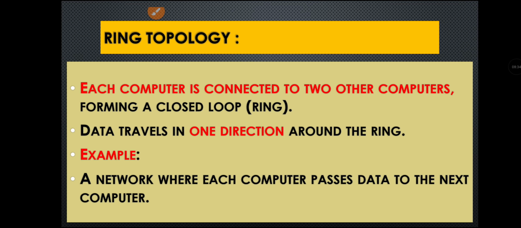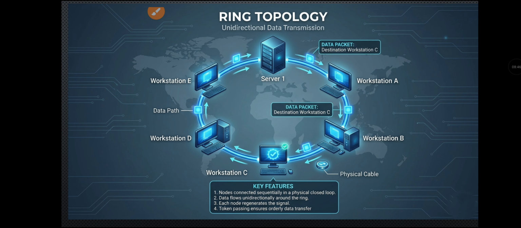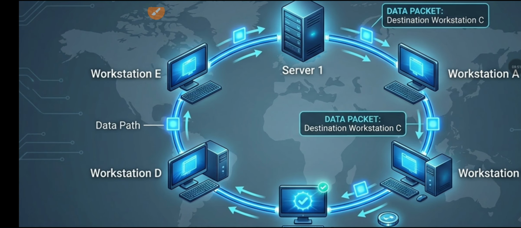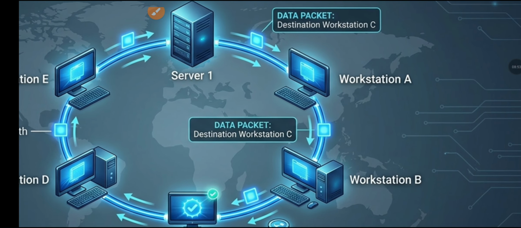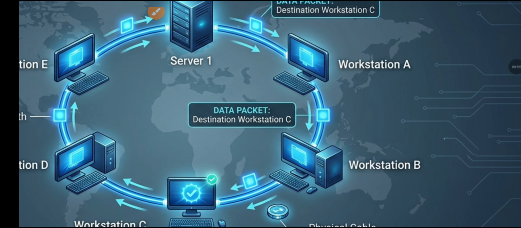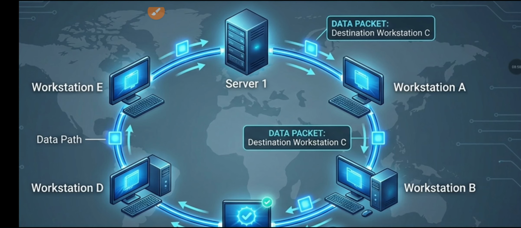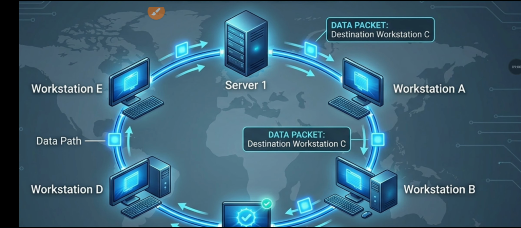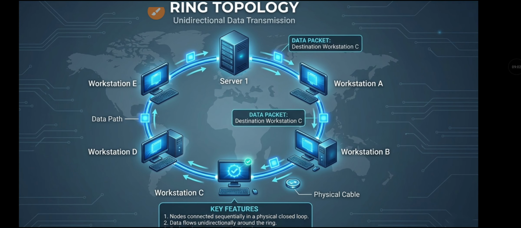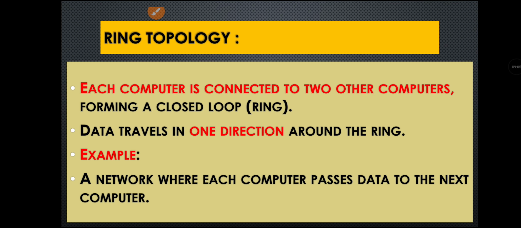Let's know the meaning. In ring topology, each computer is connected to two other computers, forming a closed loop or ring. So you see here one single computer has been connected to two other computers. Look carefully: one laptop or desktop is connected to two other computers. That is the specialty of ring topology, and it forms a closed loop.